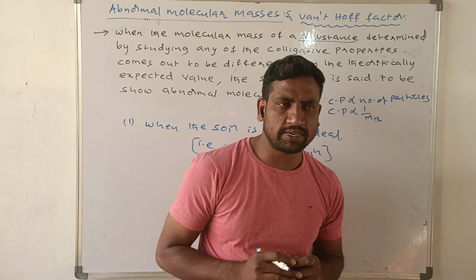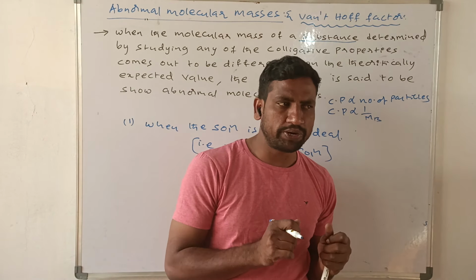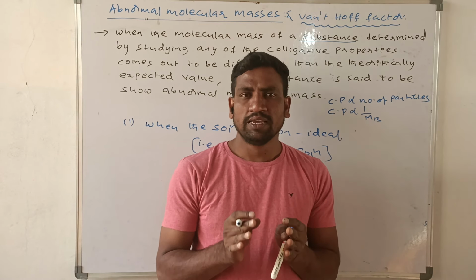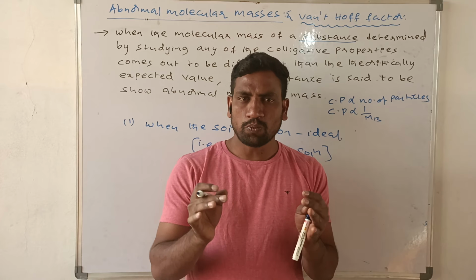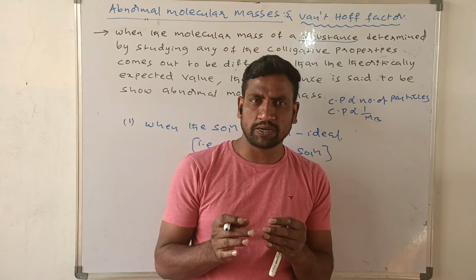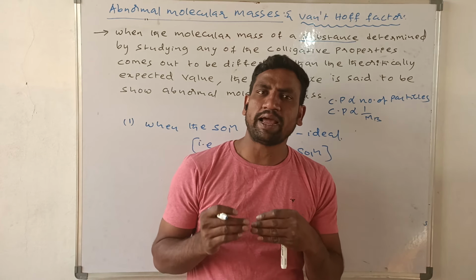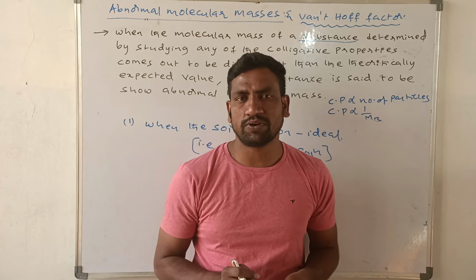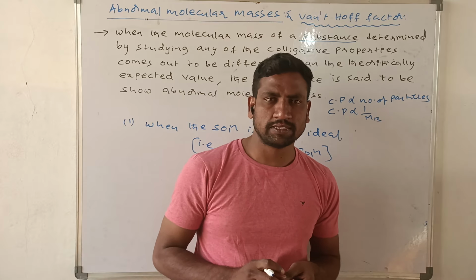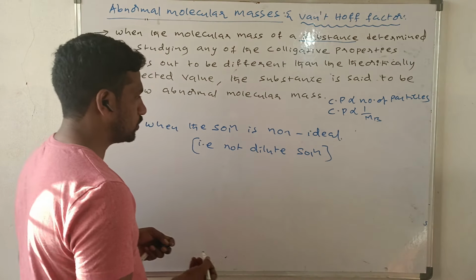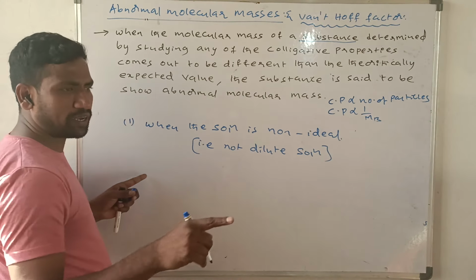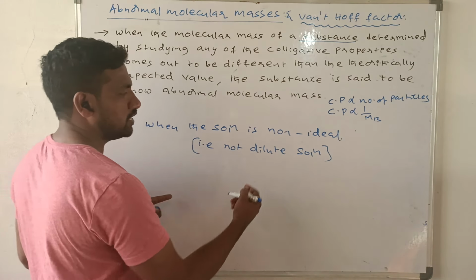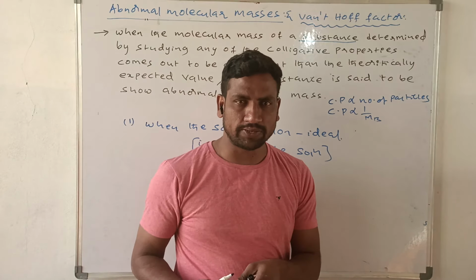In the case of concentrated solutions, why are we going to get a different molecular mass? Because in concentrated solutions, molecules are very close to each other, so because of that there is some attraction. Because of the attractive forces, we are going to get different molecular masses than the expected value. So that is the reason colligative property is not applicable for concentrated solutions, it is only applicable for dilute solutions, that are ideal solutions.